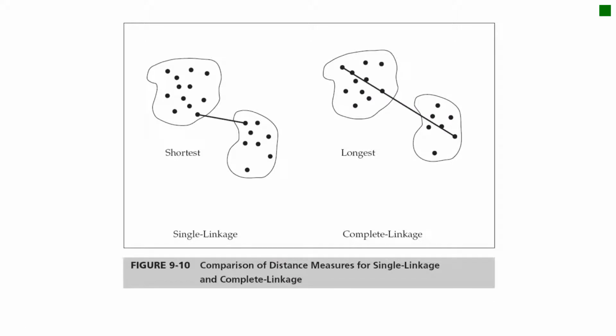Okay, so the shortest, which is the nearest neighbor approach, and the furthest neighbor, are sometimes called single linkages versus complete linkages. So the single link looks at the distance between these clusters, all right?